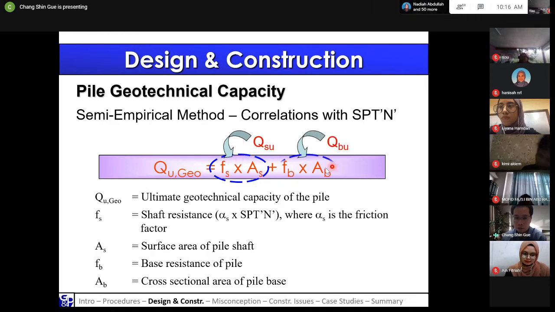And then the base. So basically the ultimate pile capacity comes from the shaft friction and the base. So for the shaft friction, we normally multiply the so-called friction factor by the SPT N number. And then it gives you the Fs, then you multiply it by the shaft surface area. And for the base, basically it's the base resistance multiplied by your cross-sectional area of the pile base.